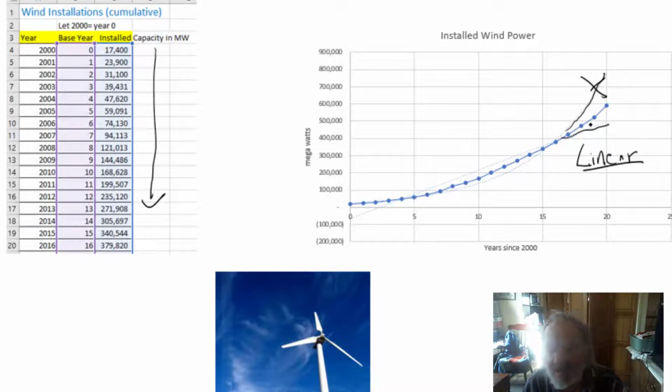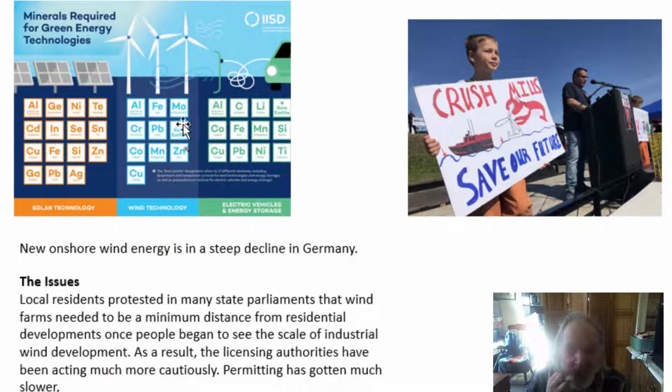Now, it may look like wind is increasing faster than the linear model, but there are a couple of issues I just want to go into briefly. Germany has been the leading installer of wind power in the world, but they're starting to run into some problems, and here's what they're saying.